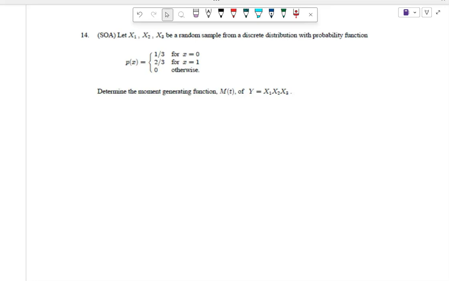All random sample means is that each of your observations are independent of each other. We've done independence, right? So in this particular instance, x1 can have a value of 0 or 1, x2 can have a value of 0 or 1, and x3 can have a value of 0 or 1, and whatever one value is has absolutely no bearing on the next one.